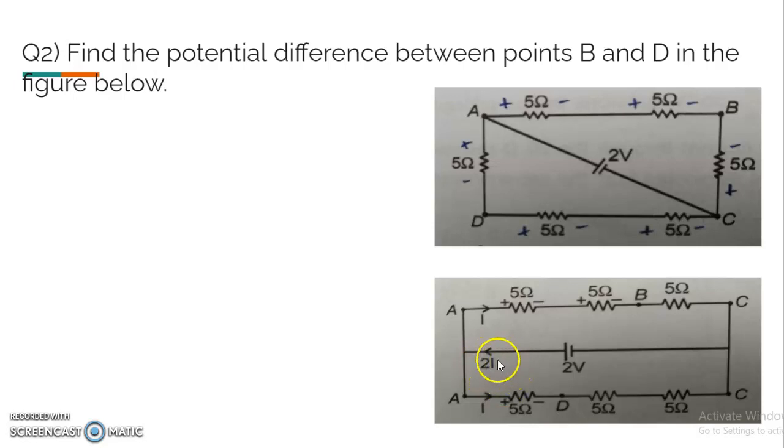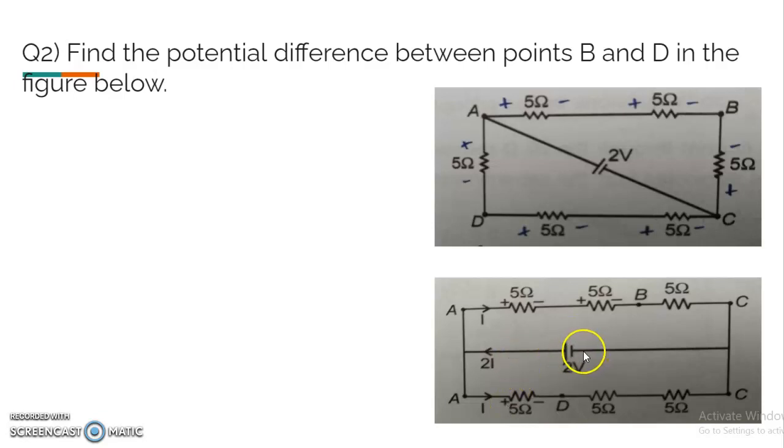And we also don't have to worry about the amount of current entering. We simply assume it to be 2I. So since each of these resistances is the same, we are having 3 5 ohm resistances in the upper branch as well as 3 5 ohm resistances in the lower branch. The current entering through each of them will be I ampere.